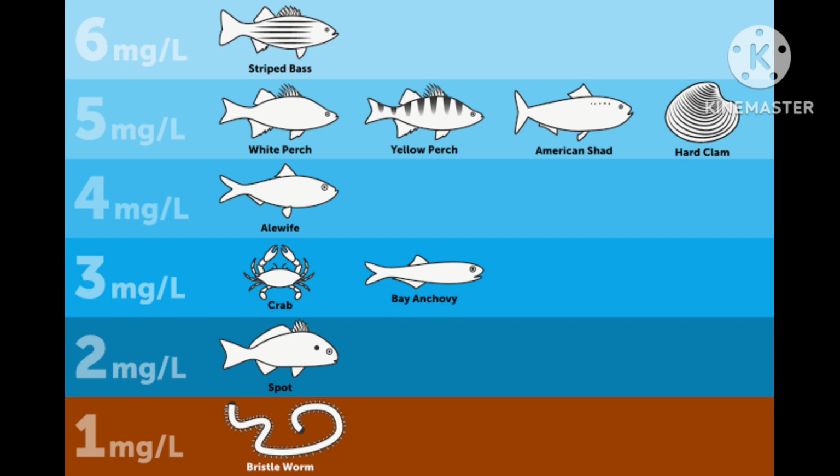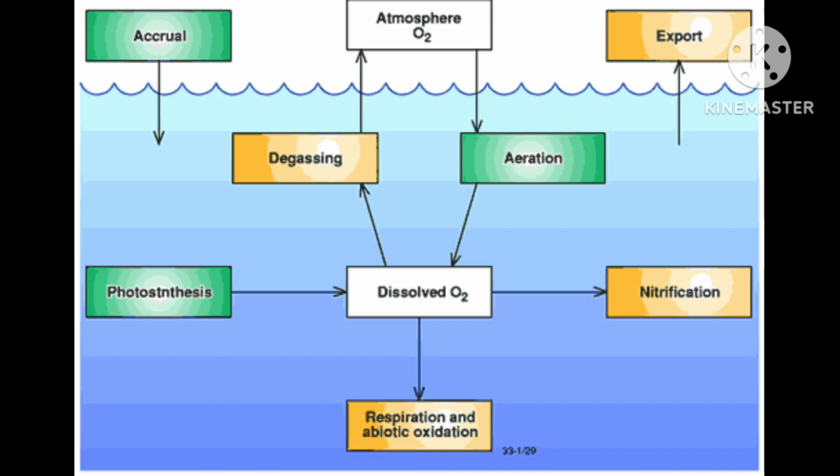Then this process in which nutrient enriched water bodies, nutrient enriched meaning the quantity is more, support a dense plant population like algae growing more and more, which kills animal life by depriving it of oxygen and results in subsequent loss of biodiversity, is known as eutrophication.